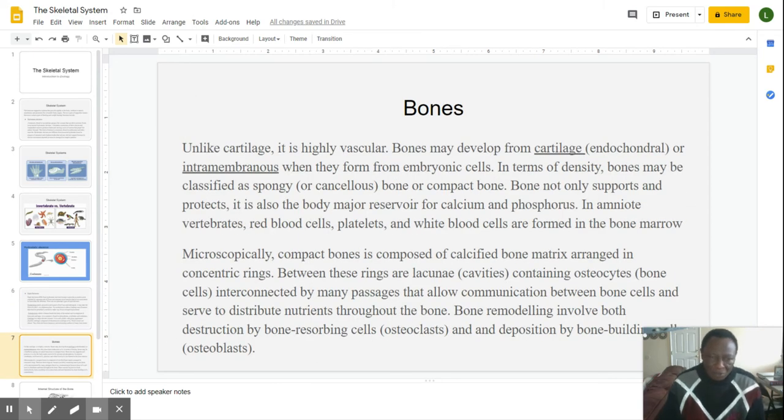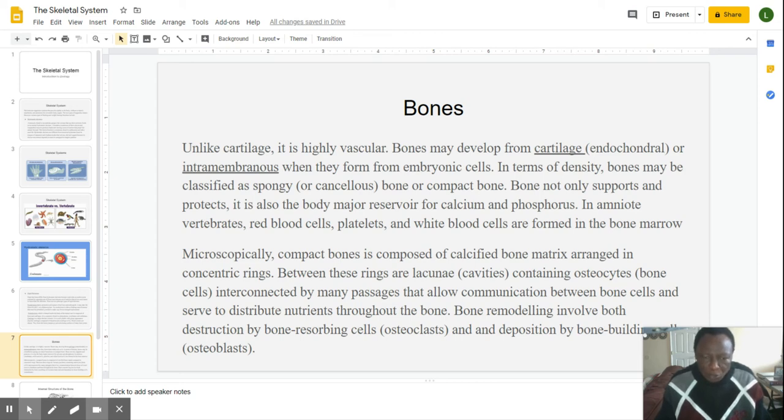The bones, on the other hand, are highly vascular and may develop from cartilage, or they could develop in an intramembranous manner when they form from the embryonic cells. In terms of density, bones may be classified as spongy, cancellous bones, or compact bones.